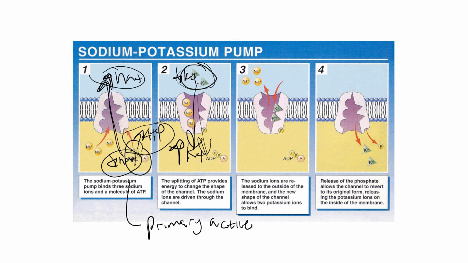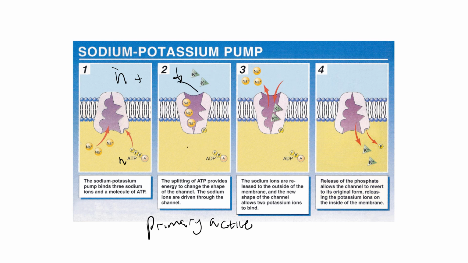Okay, so if ATP is utilized by the integral protein to move a particular molecule or ion from a low to a high concentration, then it's called primary active transport.